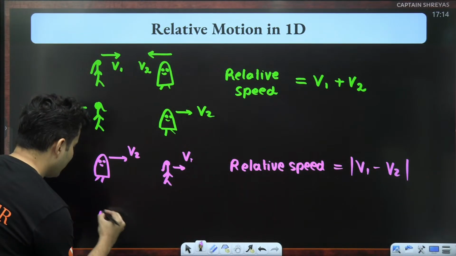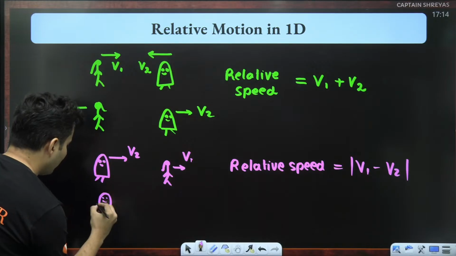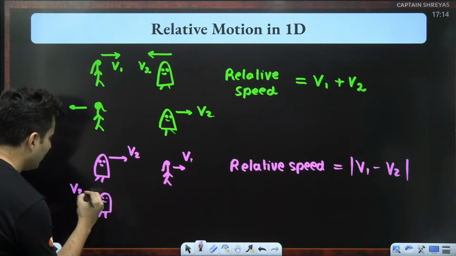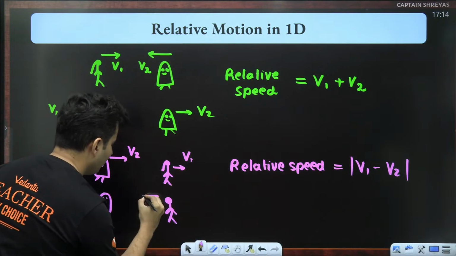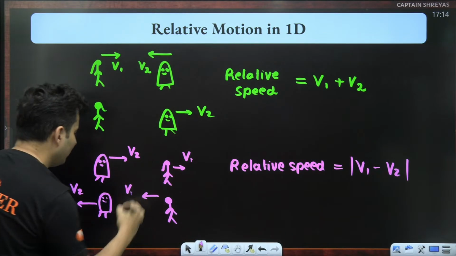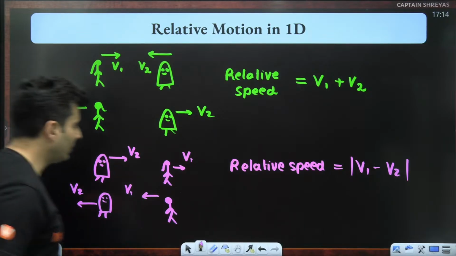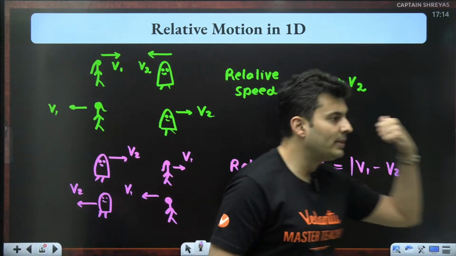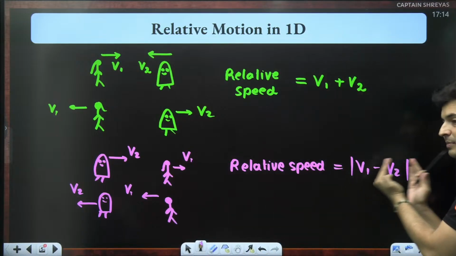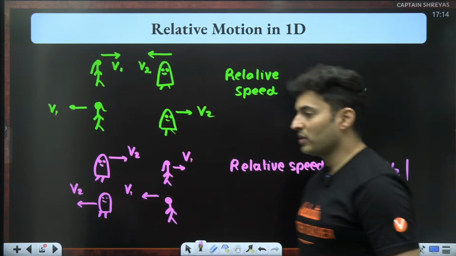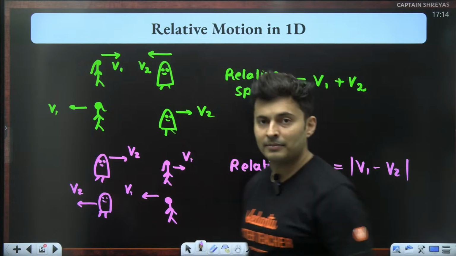So now you can see our Pandu is going like this with a speed of V2, and our Champa is following, worried. Why is he not coming towards me? In this case also the relative speed will be V1 minus V2. The mod of it, whichever is bigger will come first to make it positive, because we are talking about speed.